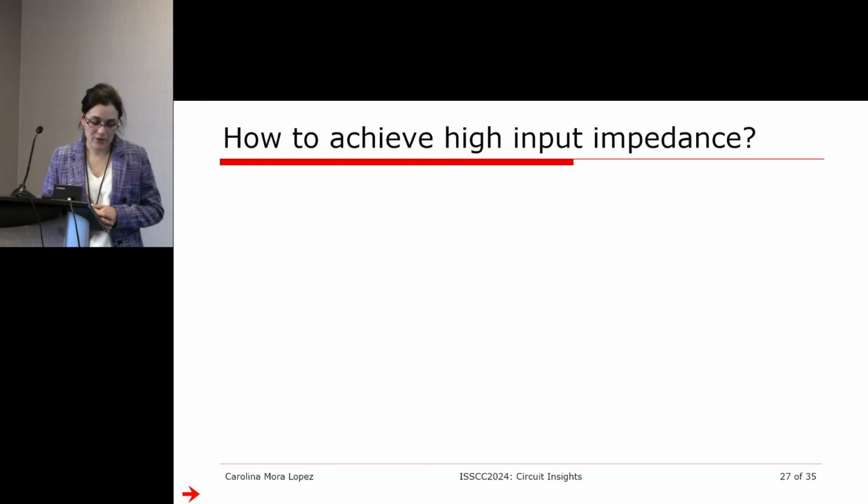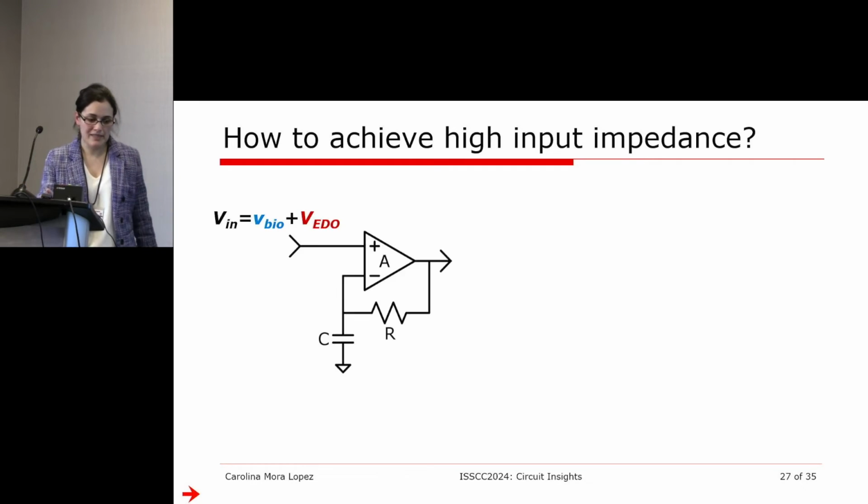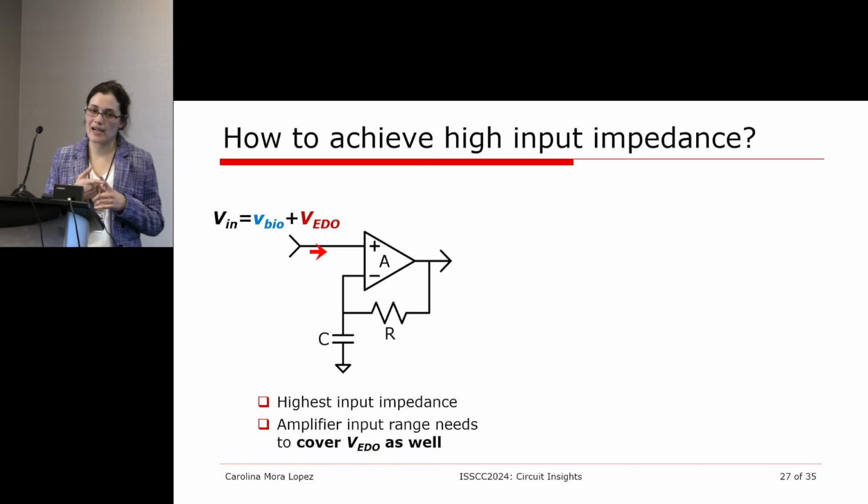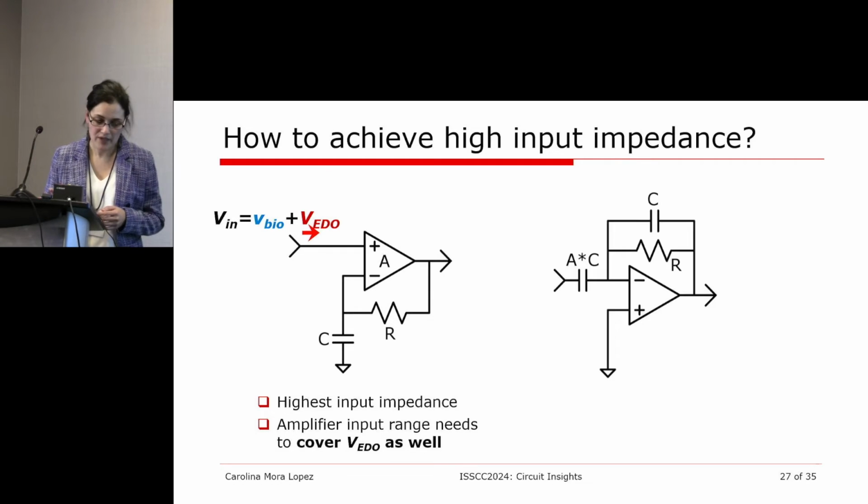So how to achieve this high input impedance? I already showed an architecture that achieves the highest possible input impedance, that is applying the signal directly to your amplifier. Although that gives you the highest input impedance, your amplifier needs to be able to deal with your electrode DC offset as well, so you need to take it into account.